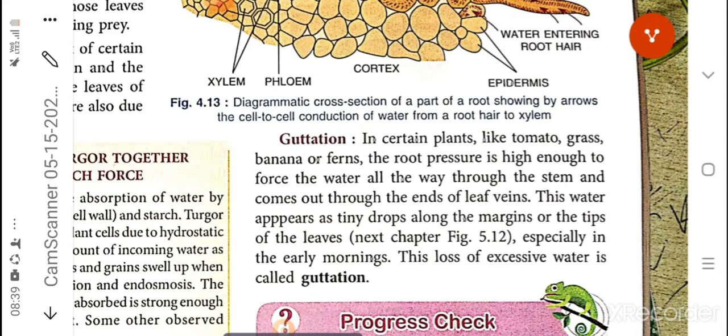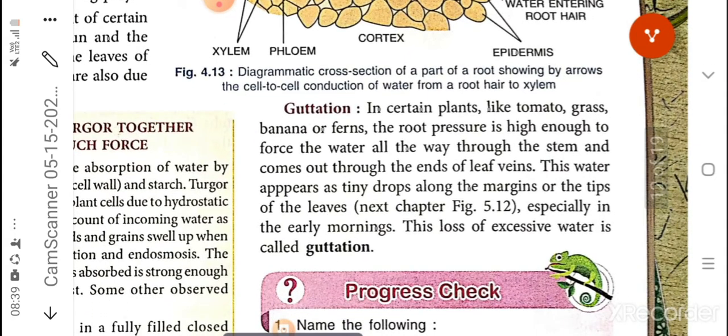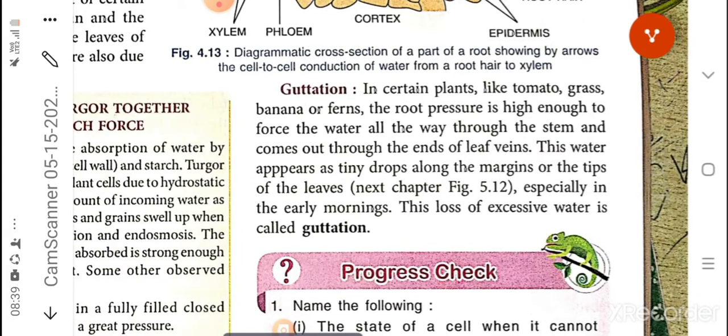Sometimes it goes through the ends of the leaf veins, and this water appears as very small, tiny droplets along the margin or the tip of the leaves. Especially in the early mornings you can see drops of water at the tip or the margin of the leaf. This loss of water is known as guttation.